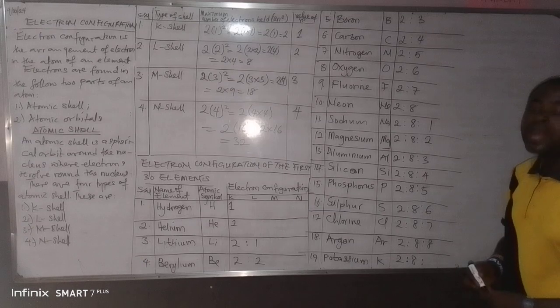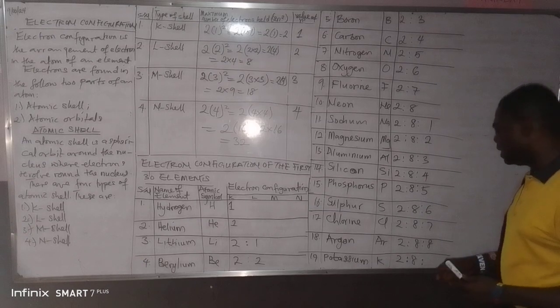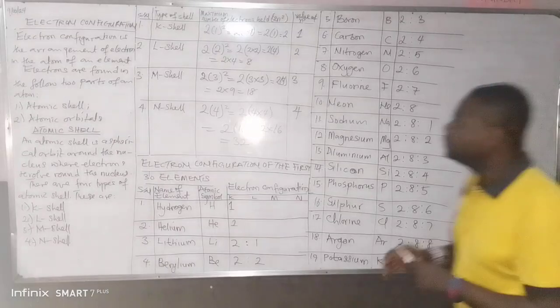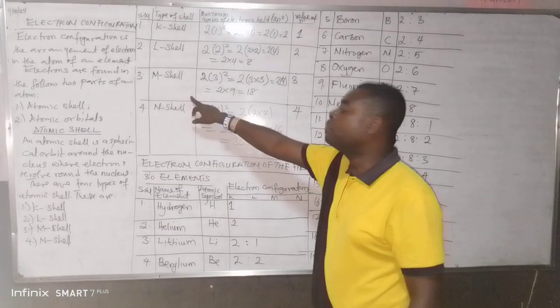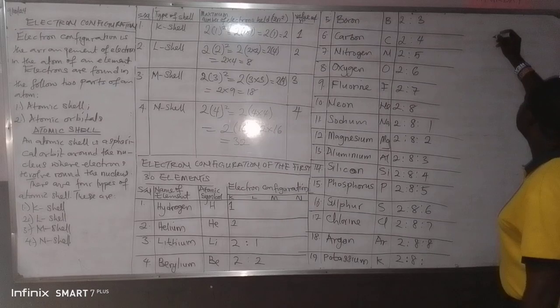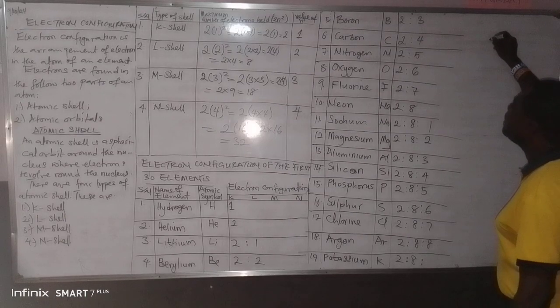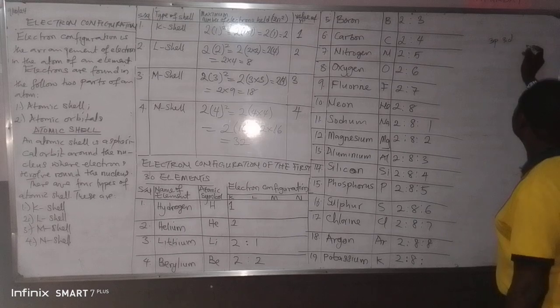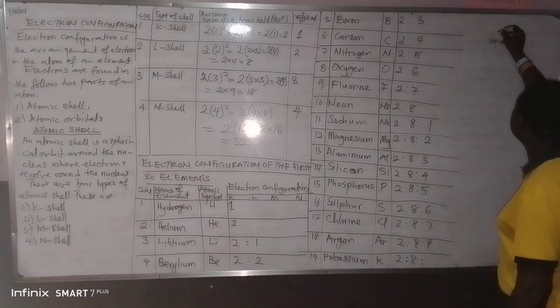But for potassium and calcium, when we get to orbitals, you understand that this M shell contains a 3p and 3d orbital. The p can take 6 electrons, while the d can take 10.